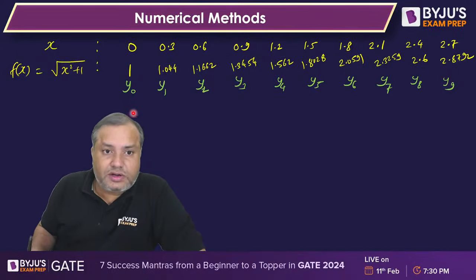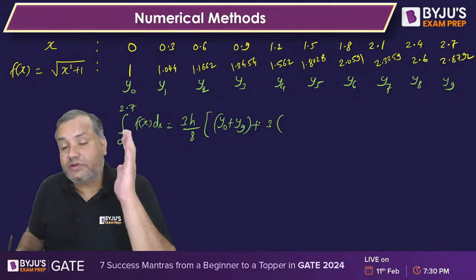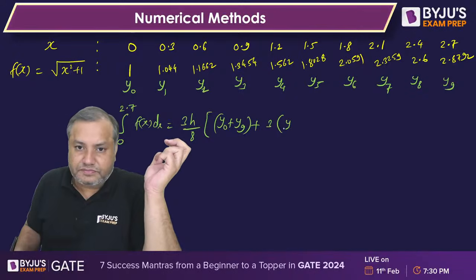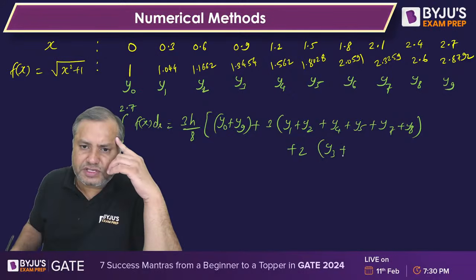Now by Simpson's 3/8 rule, the integration from 0 to 2.7 of f of x dx is 3h by 8, this is the outside term, then first entry plus last entry plus 3 times the entries whose suffix is not a multiple of 3, y1, y2, y4, y5, y7, y8, plus 2 times the entries whose suffix is a multiple of 3.